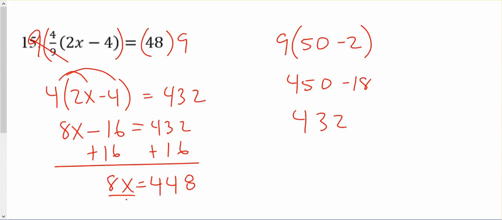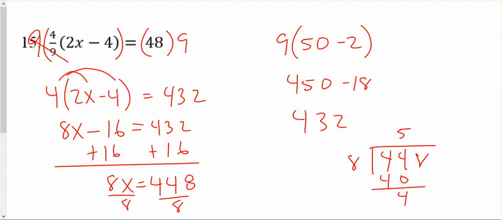Divide by 8. Little side problem here. 448 divided by 8. 8 goes into 40 5 times. 4 left over. Bring down our 8. 8 goes into 48 6 times. So x equals 56.